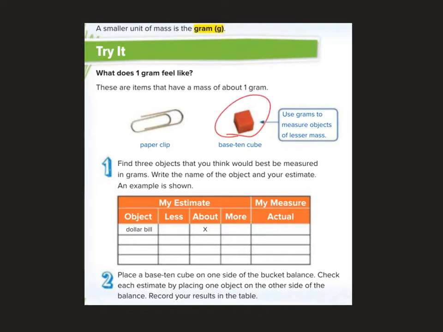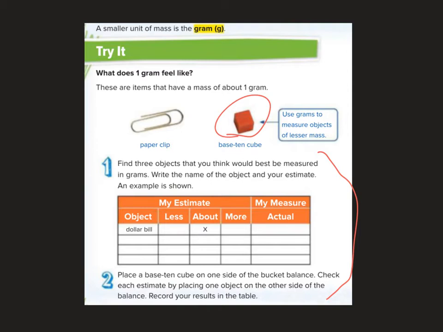So if you can, find a paper clip and hold that, then hold your math book, and you can see the major weight difference, or mass difference, between the two. If you have time, you can go through some of these challenges.